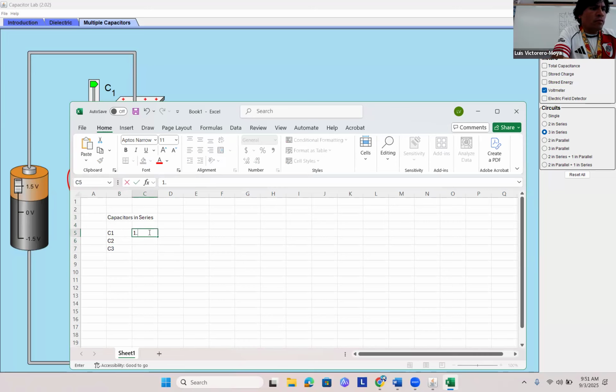This is 1.5 times E negative 13, and this is 2.0 E negative 13. And this is 3.0 E negative 13, right? Let's make this bigger.